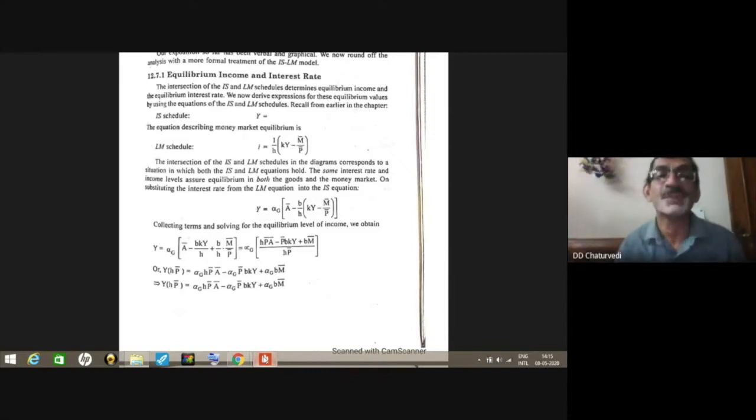I think you know that, student. The IS equation is given by Y is equal to alpha G within bracket A bar minus BI. This is something which I discussed in the previous class. Now you will have to substitute the value of I. So Y is equal to alpha G within bracket A bar minus B upon H within bracket KY minus M bar divided by P bar.